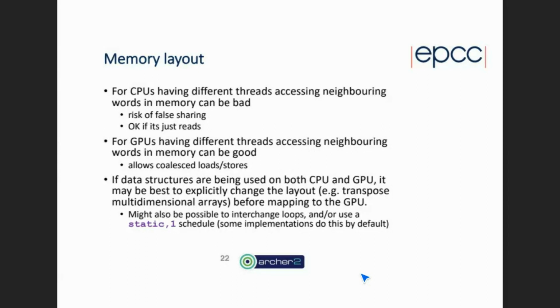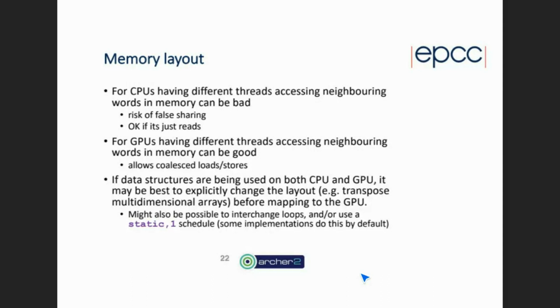I mean, it's okay if it's just reads, but interleaved writes are bad on CPUs. On the other hand, for GPUs, different threads accessing neighboring words in memory could be good, because it allows the GPU to generate these coalesced loads and stores.